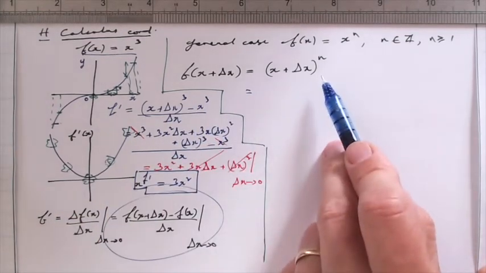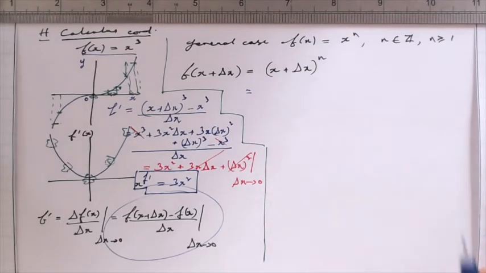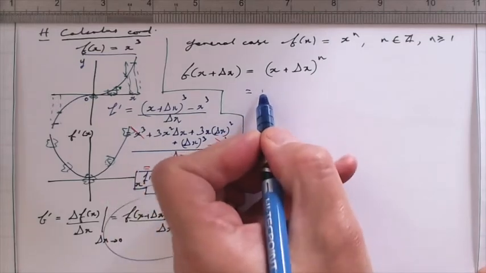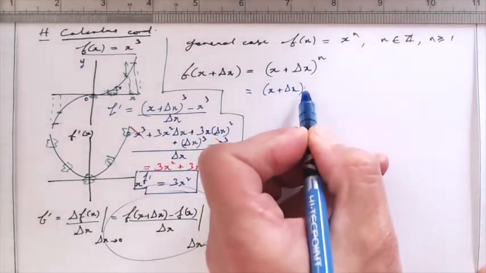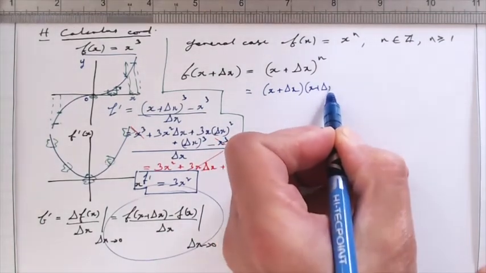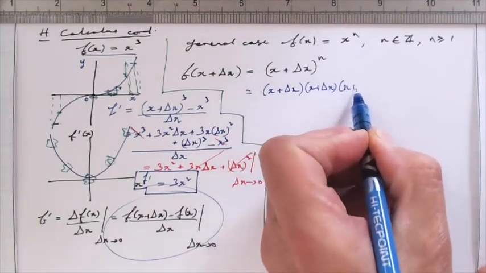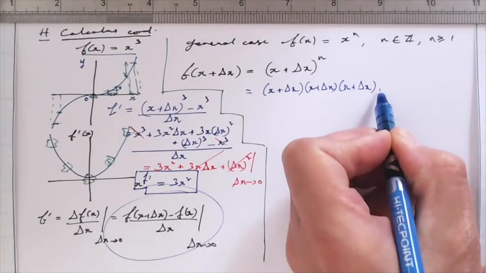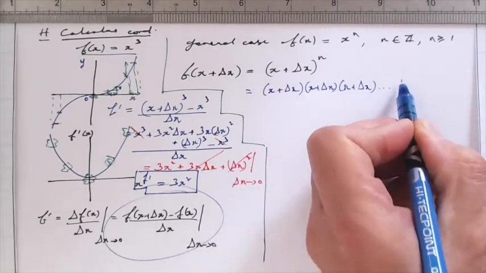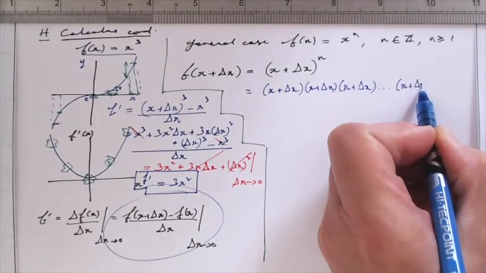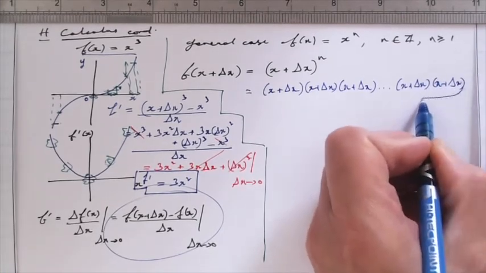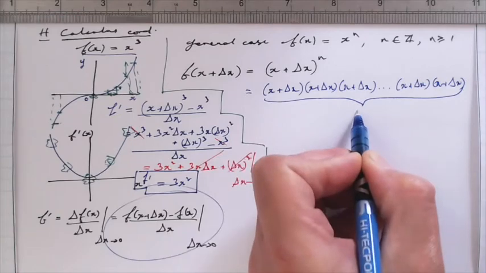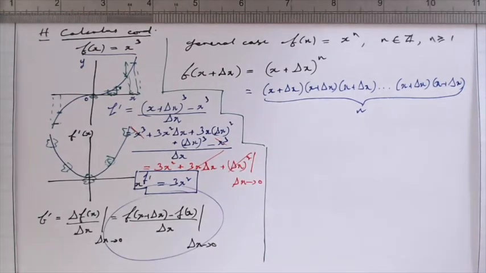What does this actually mean? Well, something to the power of n means that we're multiplying that thing by itself n times. So this literally means x plus delta x times x plus delta x times x plus delta x, and so on, with in all there being n of these brackets.